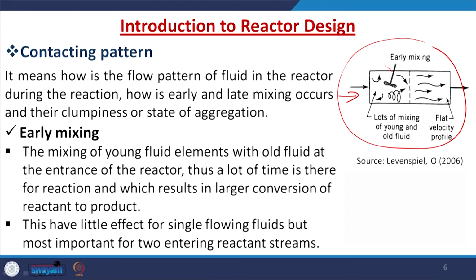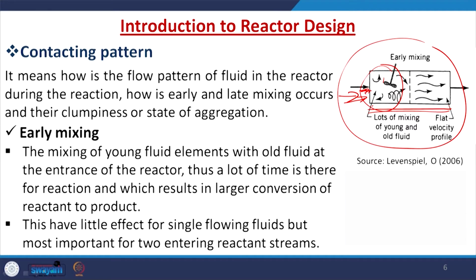Here you see that this is the entrance of the reactor, and the fluid which is coming inside the reactor is having intimate contact with the old fluid. So thus a lot of time is there for the reaction, which results in larger conversion of the reactant to product. See, here you are introducing the reactant. Suppose this is the length of your reactor. Now in that case you may experience a larger time of reaction.